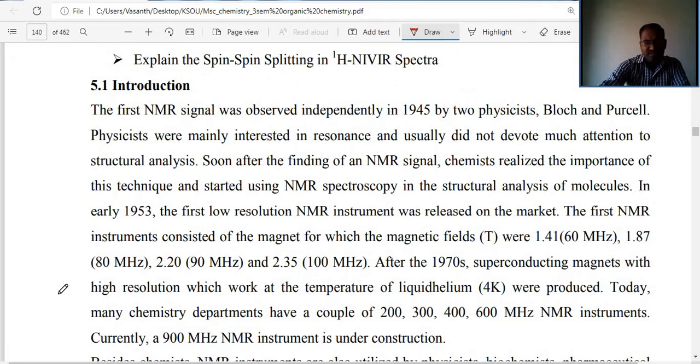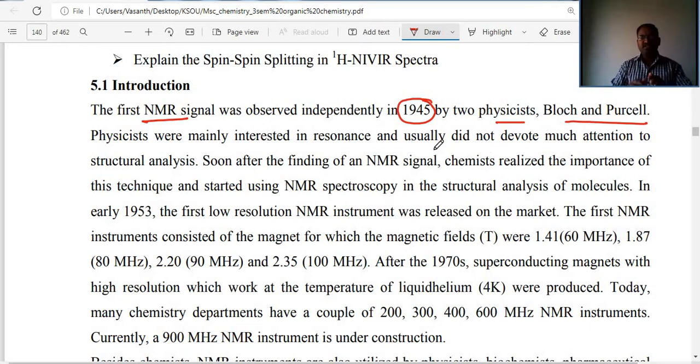First, we know that NMR means nuclear magnetic resonance. It was discovered in 1945 by two physicists, Bloch and Purcell.